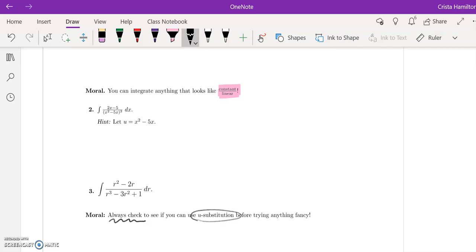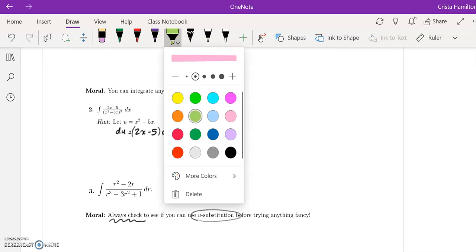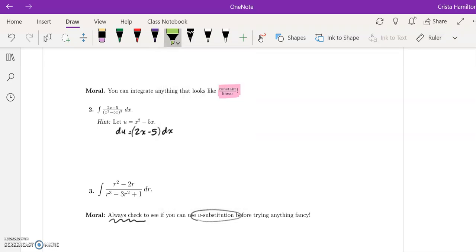So don't go for the complicated stuff until you try the u substitution. So I let u equal x squared minus 5x, because that's the inside function. Du would be 2x minus 5 dx in the differential form. And so what I see here is that this is a straightforward u substitution.